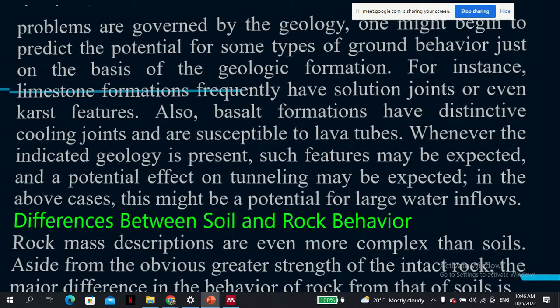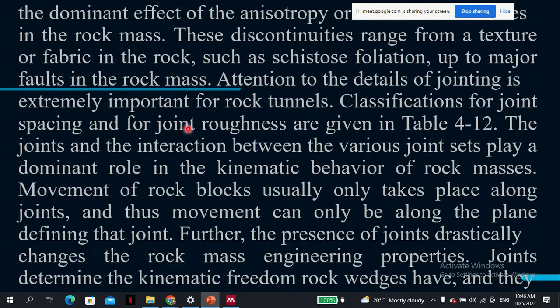In other words, failure is most likely to occur along the joint. Further, the presence of joints drastically changes rock mass engineering properties.